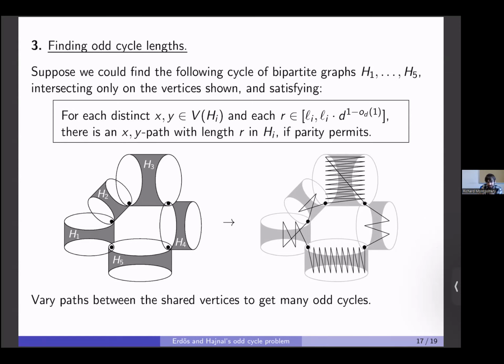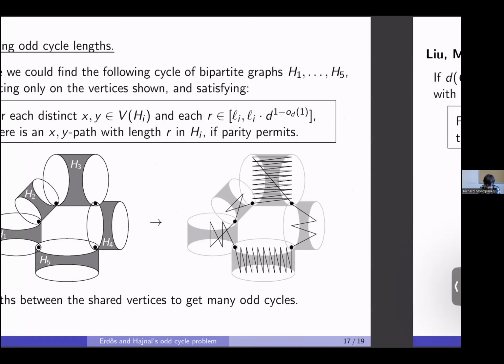So if we now replace those edges by varying odd numbers, then we'll get many different odd cycles. And that's essentially all you need to do. That's essentially the idea behind it. In reality, things are a little bit more complicated because these subgraphs may intersect on more than one vertex and so on. So I think I've sketched out just a little bit.